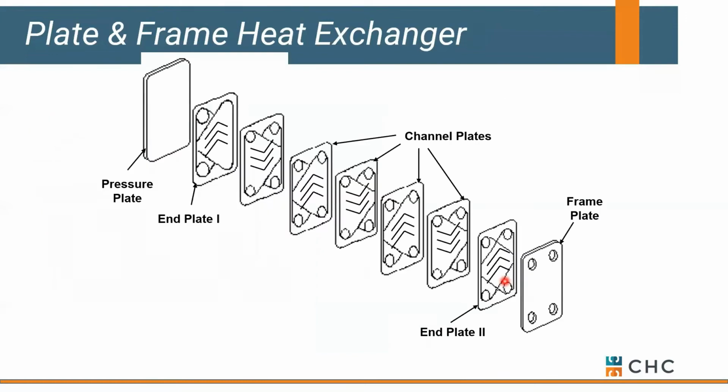Let's talk about how these work, because there can be some confusion on what's physically happening inside a plate and frame. So bear with me a second as we watch some animation. Basically, you've got hot fluid that flows through every other plate, and sandwiched between that is the cold water.